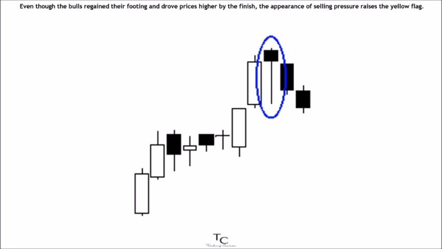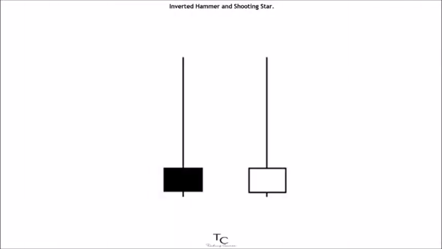Even though the bulls regained their footing and drove prices higher by the finish, the appearance of selling pressure raises the yellow flag. As with the hammer, a hanging man requires bearish confirmation before action. Such confirmation can come as a gap down or long black candlestick on heavy volume.